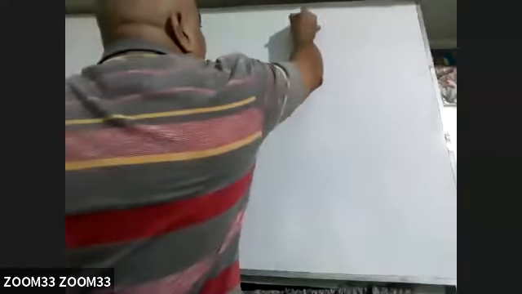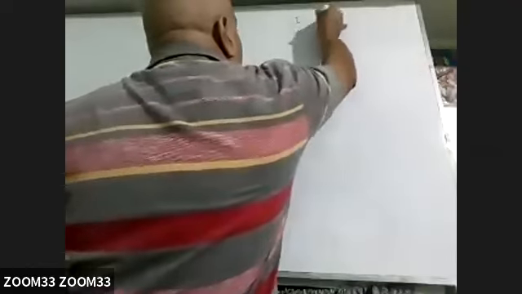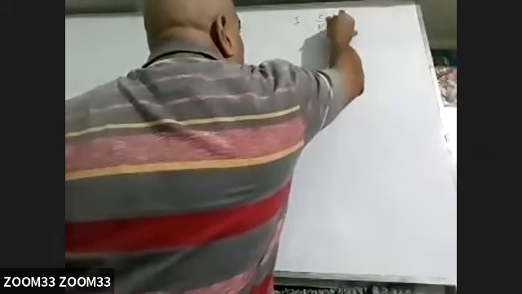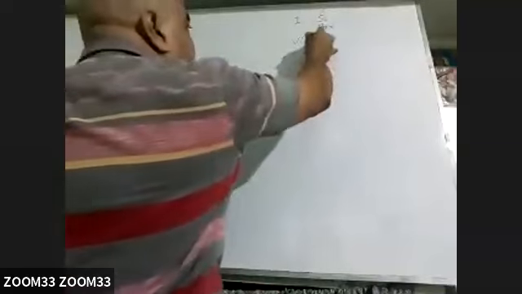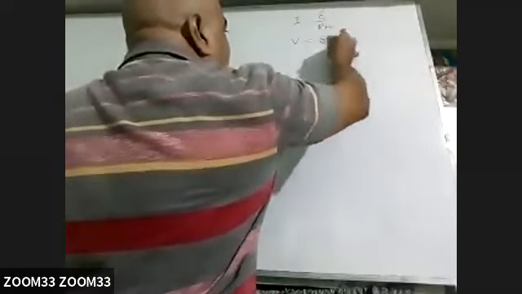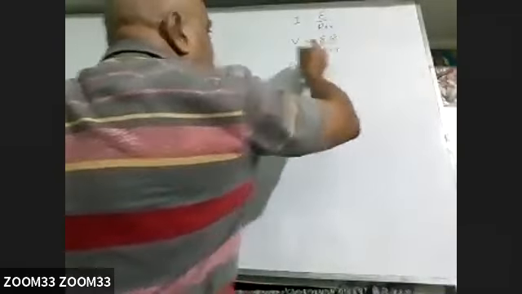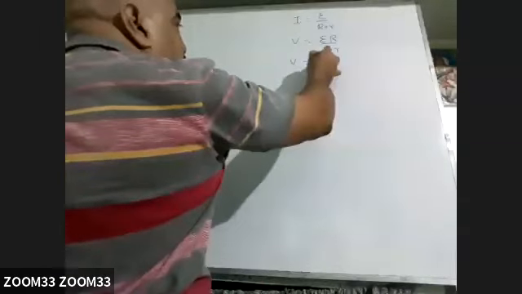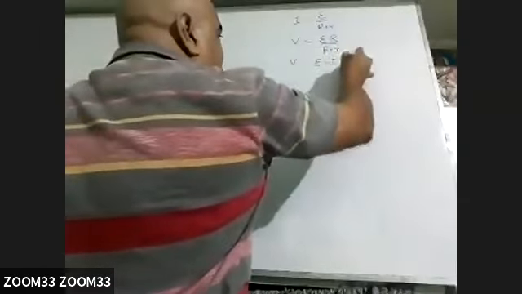So this I was E by (R plus r). This was the relation. This V was ER by (R plus r). This V was also E minus Ir.